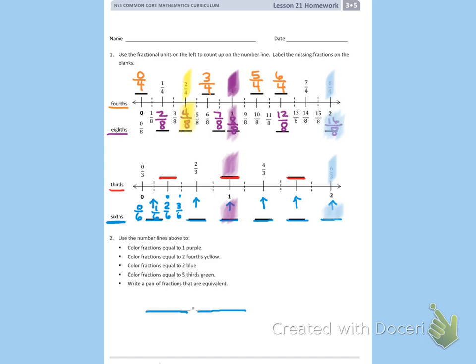For instance, look here. 2/4 is the same as 4/8. Now you look at the number line and write 2 different fractions on the 2 lines on problem number 2. Good luck.